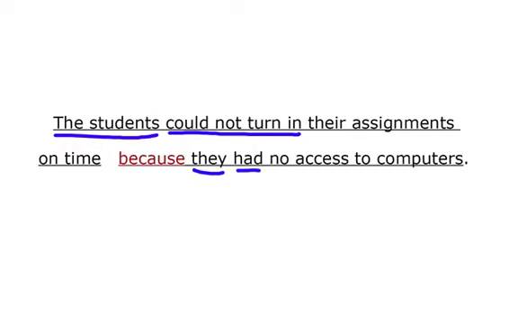The first clause is an independent clause, and the second clause is a dependent clause. The dependent clause has a subordinating conjunction because, so it cannot stand alone. The first clause can stand alone as a sentence by itself.